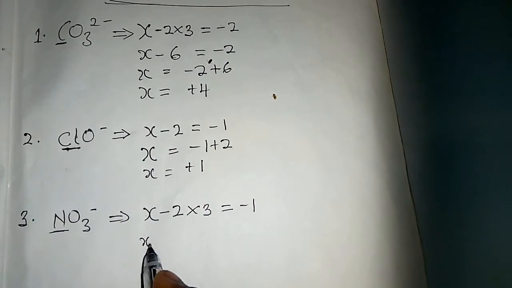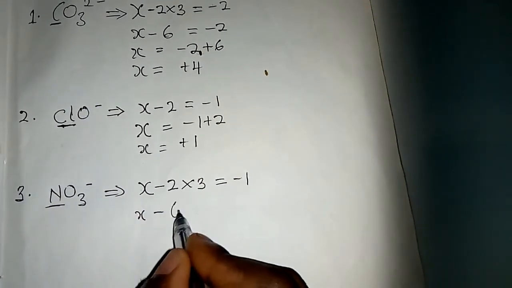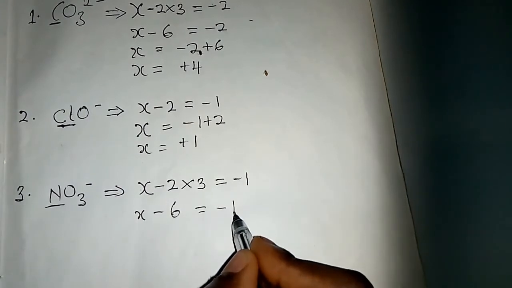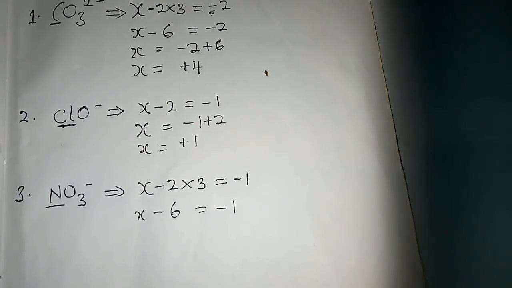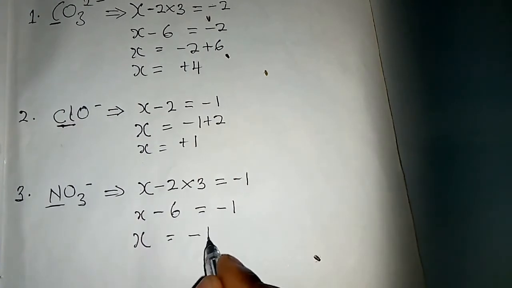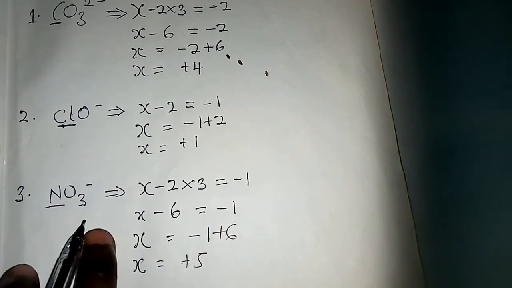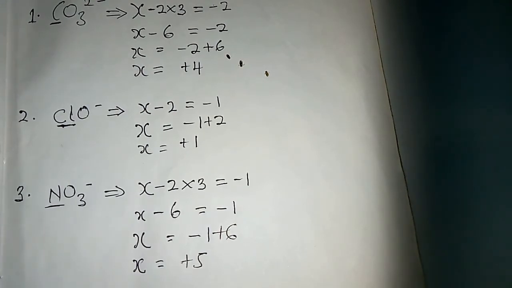So you have X, and then minus 2 times 3 gives minus 6, is equal to minus 1. Okay, so our X is now equal to minus 1 plus 6, and our X is equal to plus 5. So the oxidation state of nitrogen in this radical is plus 5.